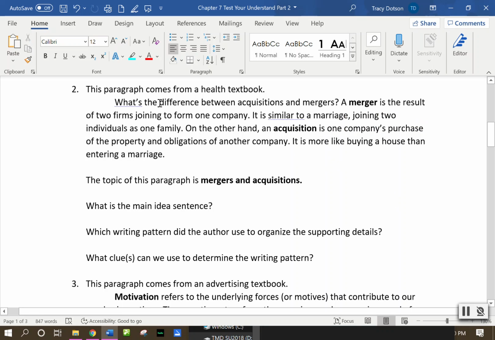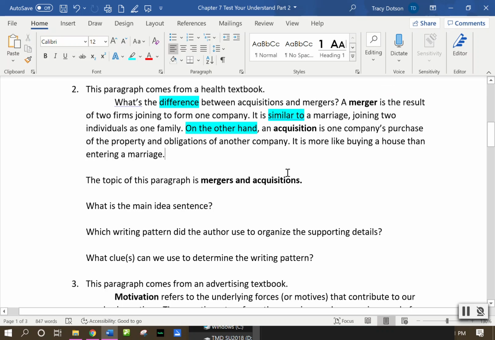Okay, if we look in this first sentence, it's a question. It's asking what is the difference between these two things. And here we have the term similar to, and we have on the other hand, so it's showing a difference. Okay, so here this tells us we're comparing and contrasting two things.